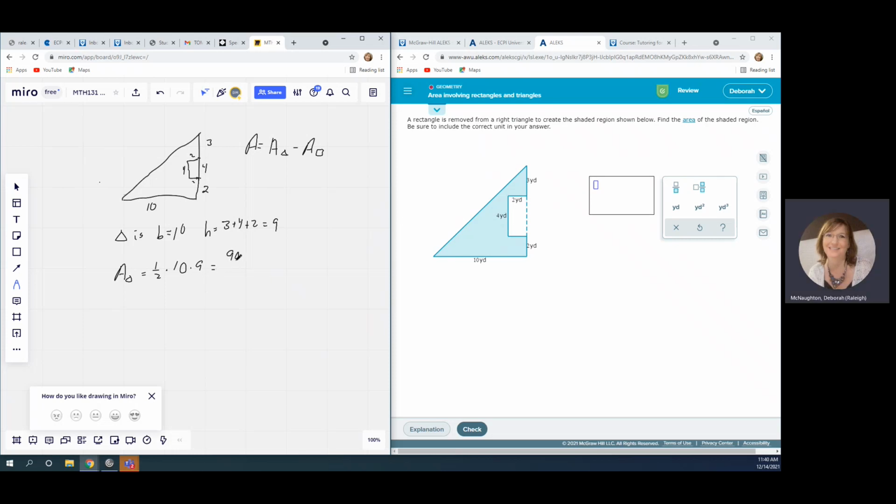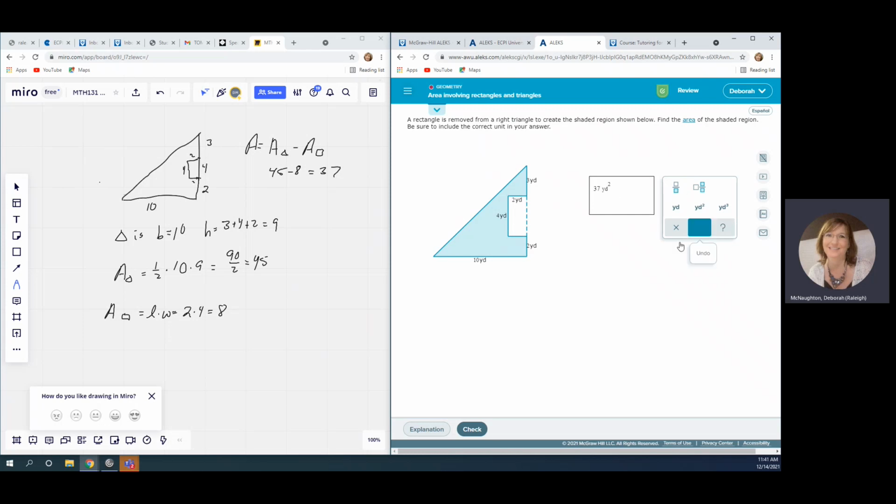Or 90 over 2, which is 45. And then my area of my rectangle is length times width, which is 2 times 4, or 8. So my area is 45 minus 8, or 37.